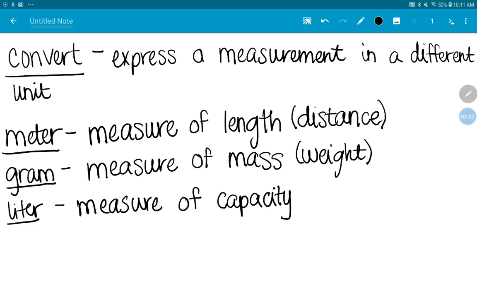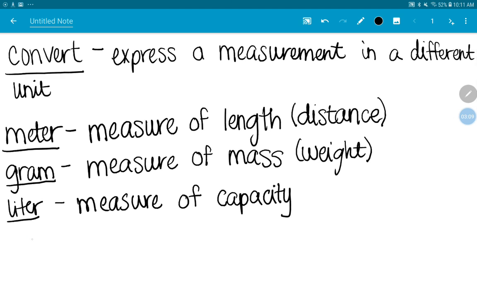Is that what we always use? What if I have something super small, a super short distance? We've got some prefixes that we can add to the beginning of these words, don't we? Yes, sir, Christopher? Centi, we can add the prefix centi.